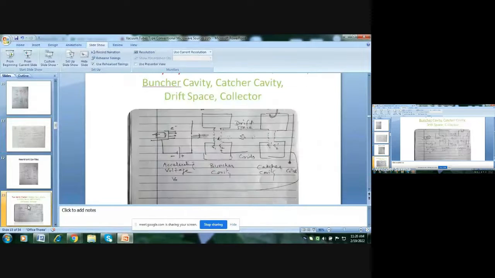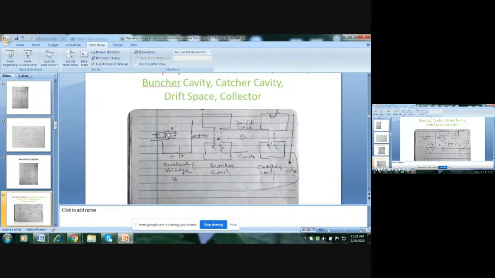Now this is the construction of a two-cavity klystron. We have an electron gun, anode, buncher cavity, catcher cavity, and then collector. You might have read in theory as well as in practical classes the construction of the klystron. So electrons are produced by this electron gun.